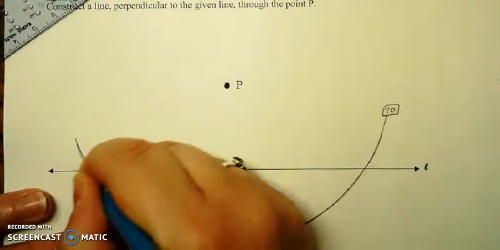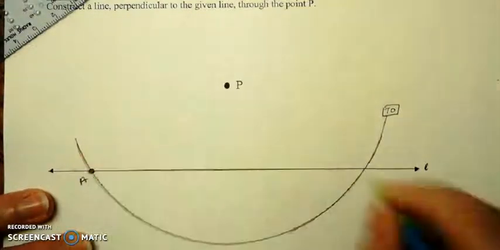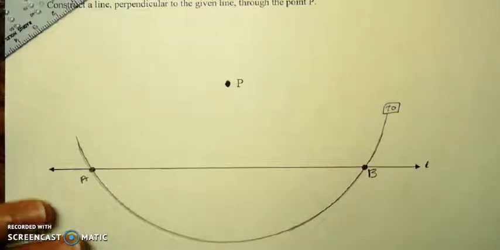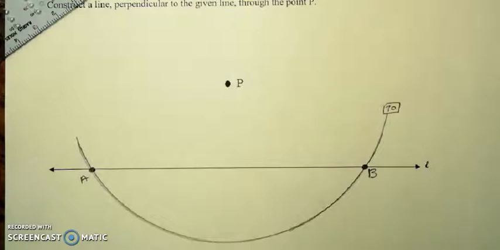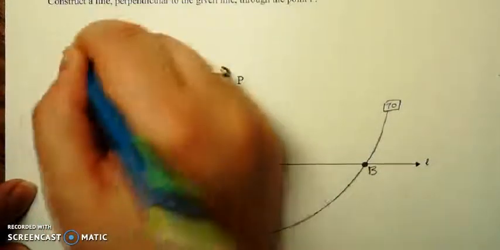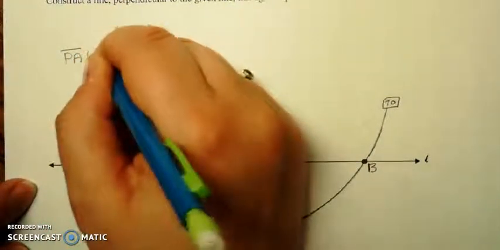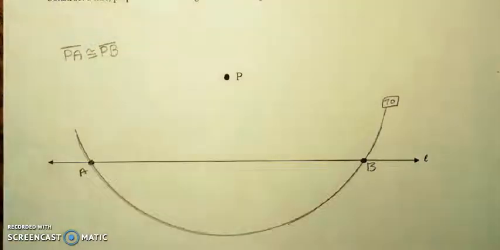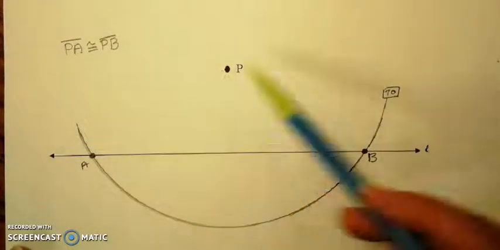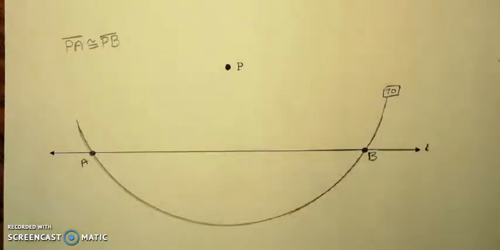Now I'm going to call these two places that intersected A and B. It's not as easy to see here as in the last question, but if I were to connect P to A and P to B, it would still be the same thing. A to P and P to B are the same distance.